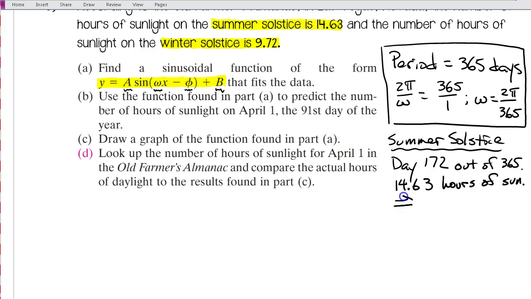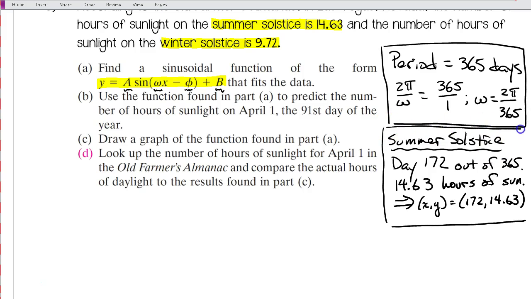So basically what this gives us is an XY ordered pair of 172 and 14.63. Okay, so we've got this information as well. So let's just highlight some of this. So I've got omega, and I've got this XY ordered pair.